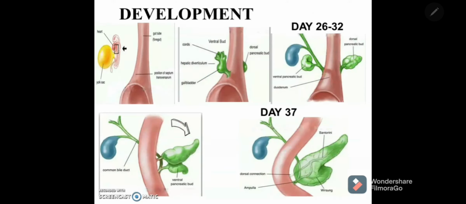And coming to the development, the pancreas develops from two buds. There is a ventral pancreatic bud and a dorsal pancreatic bud. The dorsal pancreatic bud comes from the dorsal side of the foregut, near the junction between the foregut and midgut, whereas the ventral pancreatic bud comes from the ventral side at the junction of foregut and midgut.